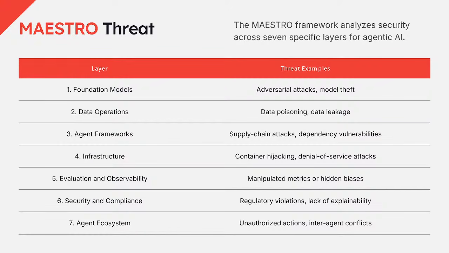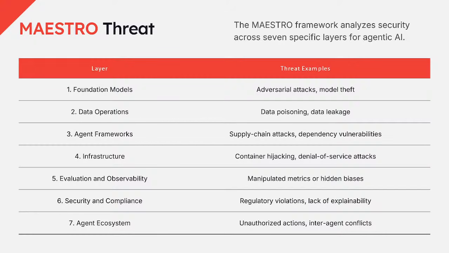Foundation models, you can use adversarial attack or model theft. Data operation, you can use data poisoning or data leakage. Agent framework, you can use supply chain attack, dependency vulnerability. Infrastructure, you can use container hijacking or denial of service attack, DDoS.